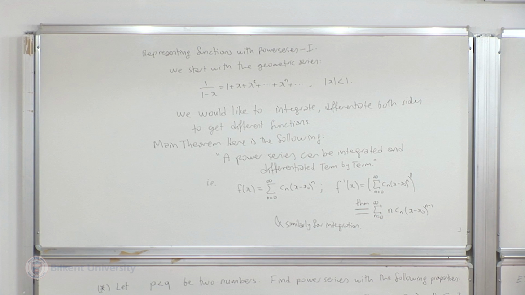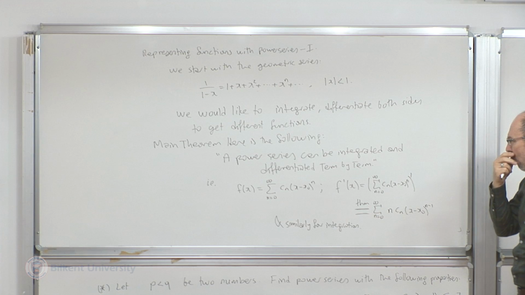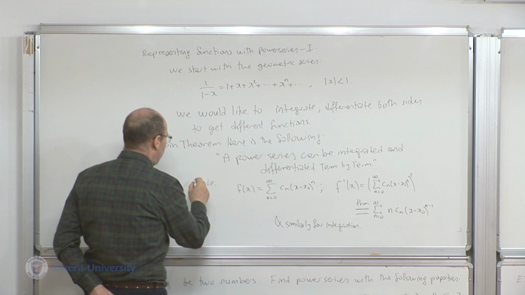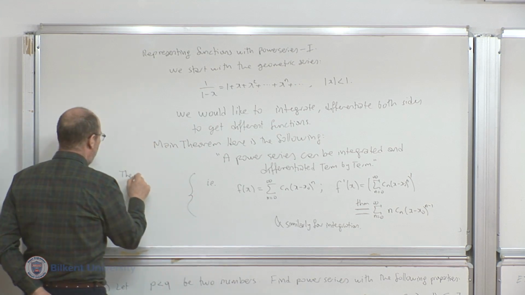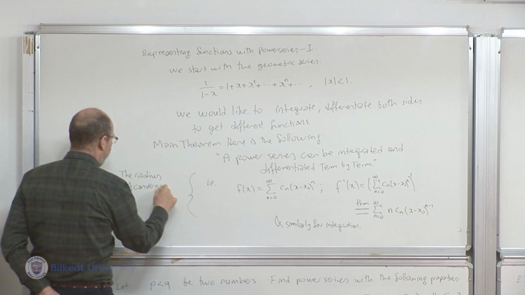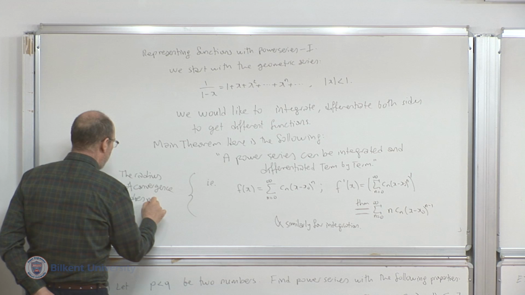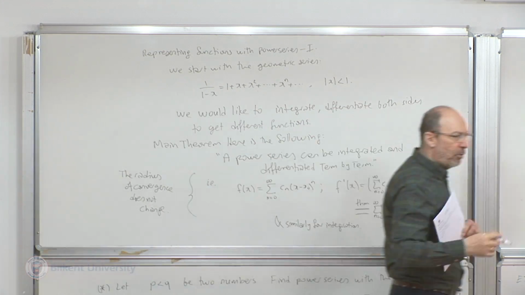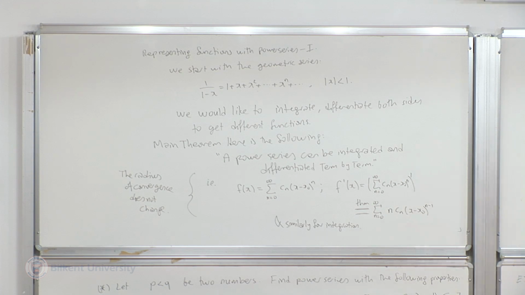Another thing is about endpoint behavior. The radius of convergence does not change, which is one of the most important things. If you integrate something term by term and it now converges on a smaller set, that would be a problem, because you would have to find that smaller set separately.